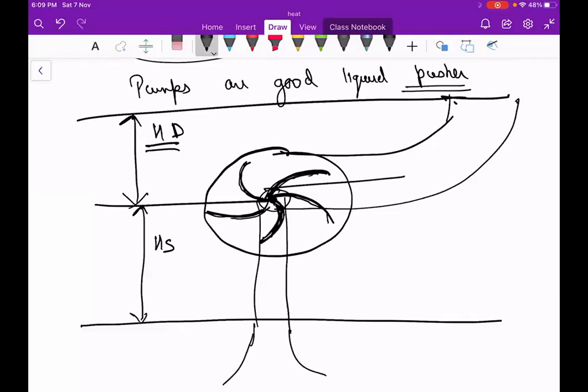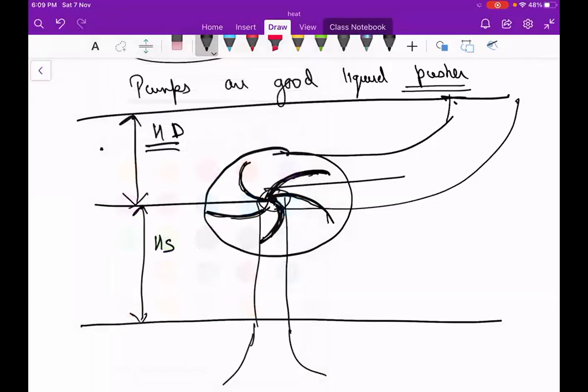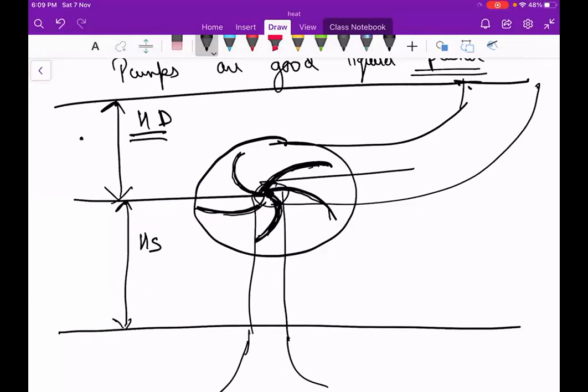Some are writing clockwise, some are writing anti-clockwise. Just think, I am giving you one minute. Tell me which will be better: moving this impeller clockwise or anti-clockwise.